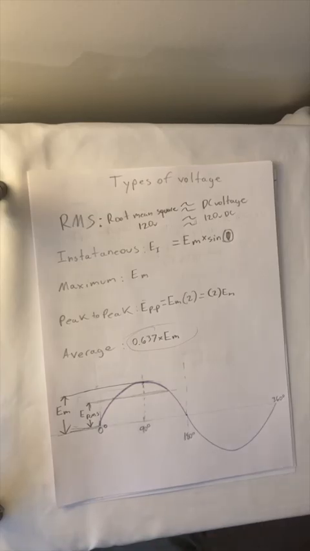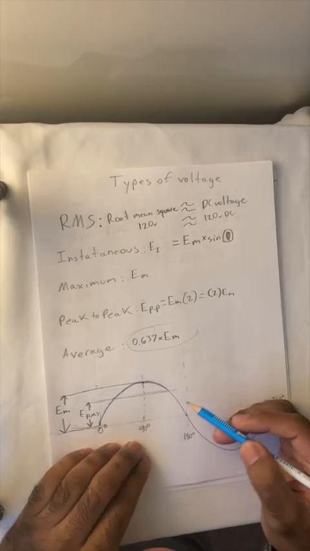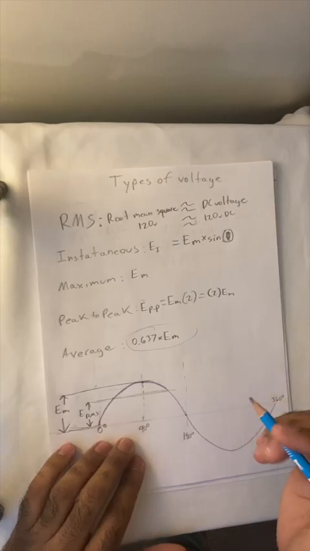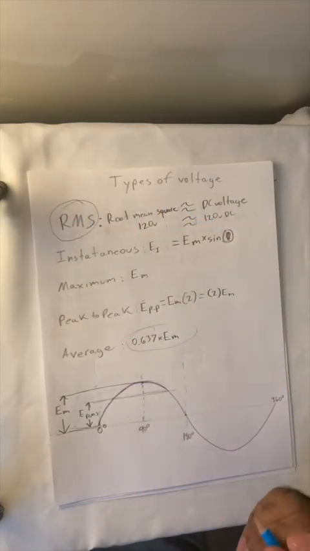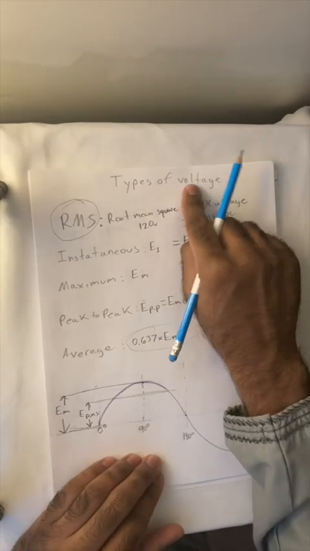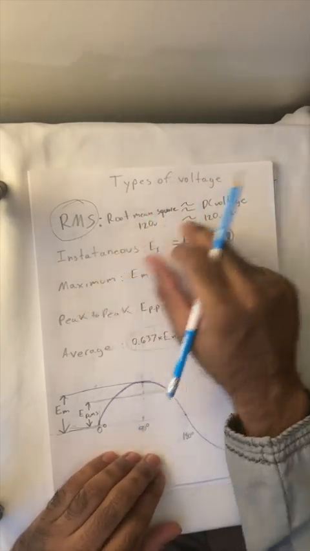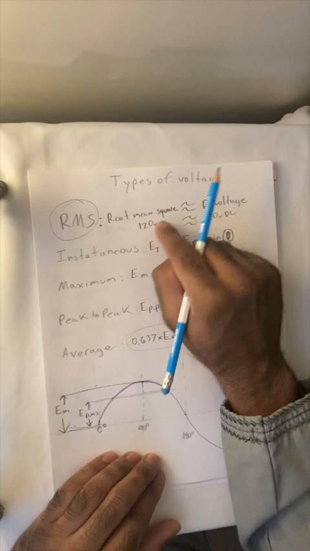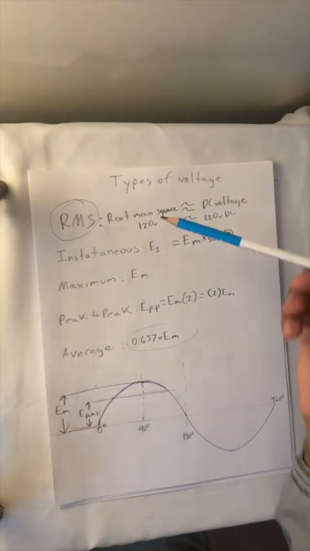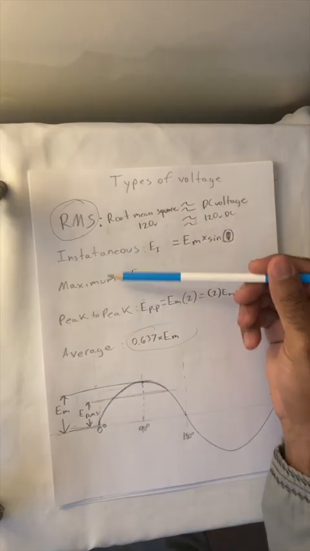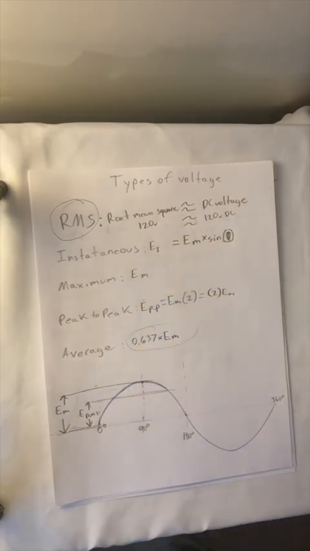Now, as far as the common voltage, that would be the RMS voltage. Anytime the terminology of voltage is mentioned, it is going to refer to the root mean square value, or the RMS value. Yes, someone could be referring to instantaneous, maximum, peak to peak, average, or some other type of voltage.